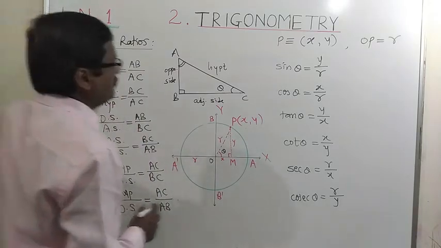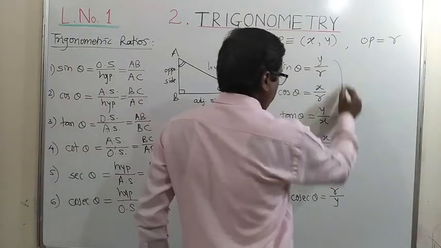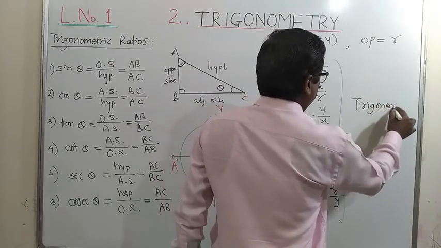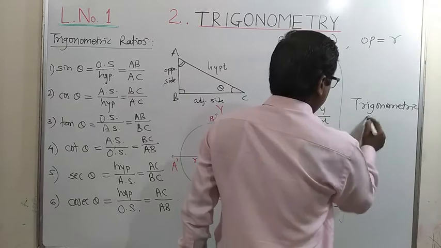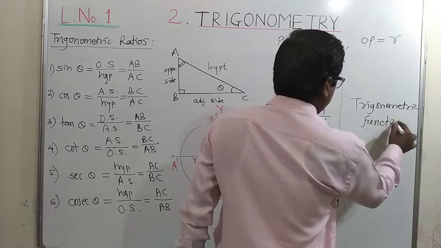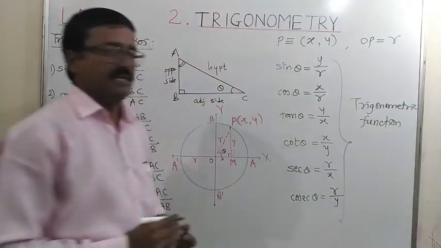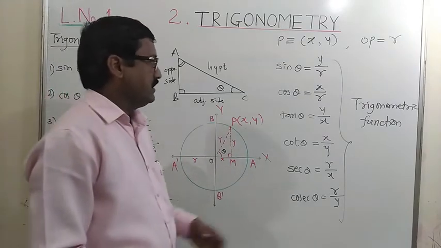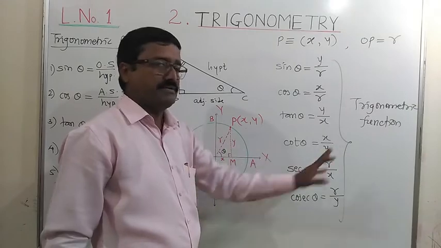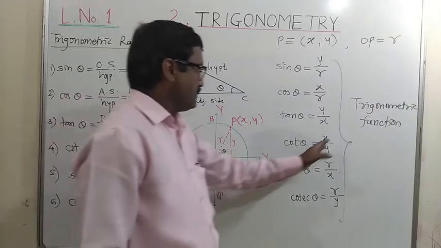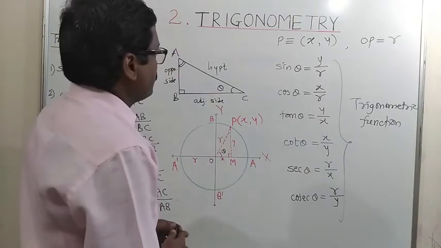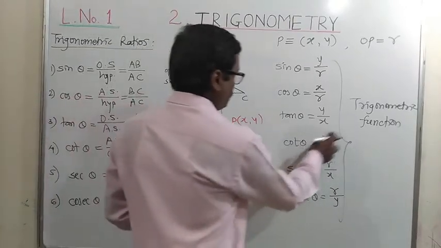So we can call these trigonometric functions. Here we have called them trigonometric ratios. Now we will call these trigonometric functions also, because they are in terms of variables x, y, where r is the radius of the circle which is constant, but this theta is in terms of x and y. So here we consider x and y as variable, so this theta will be variable and it is in terms of x and y.